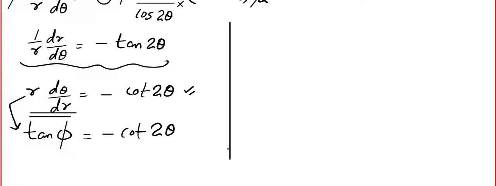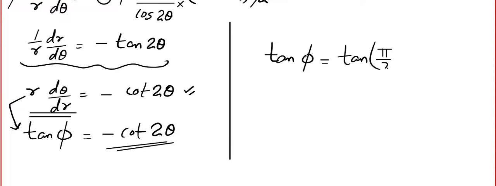Now, from your basic trigonometry from class 10, you know that if you want to convert minus cot theta into tan, it's very easy. All you have to do is send tan into the second quadrant. Think about it. What is tan of 90 degrees plus 2 theta?